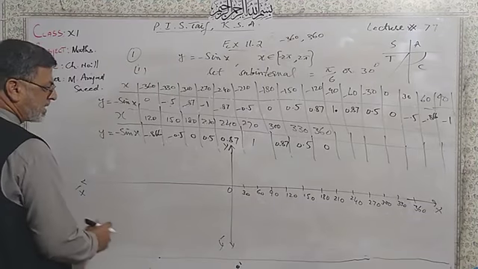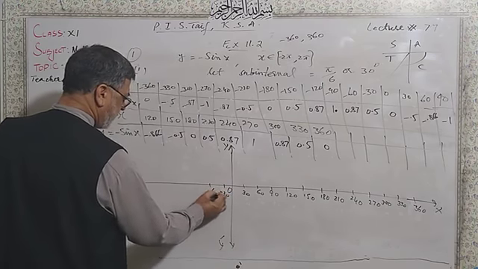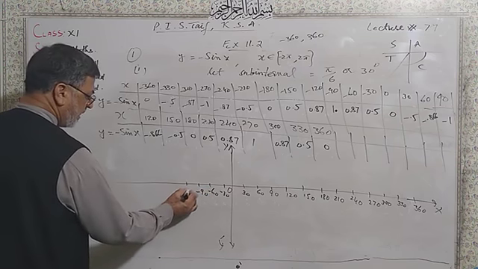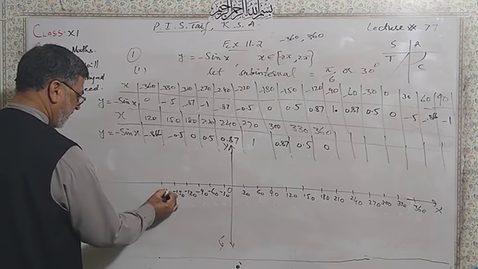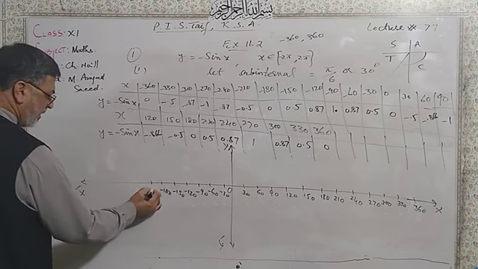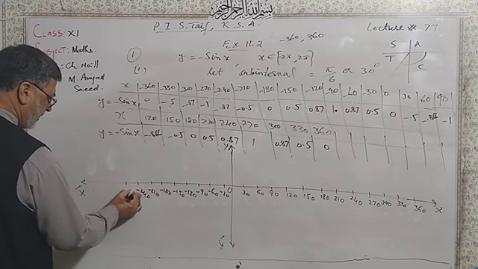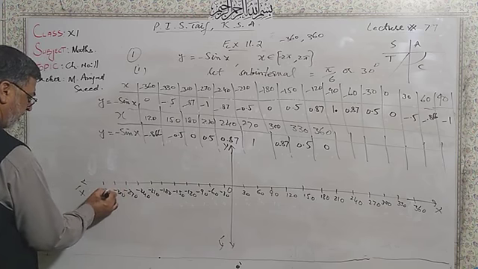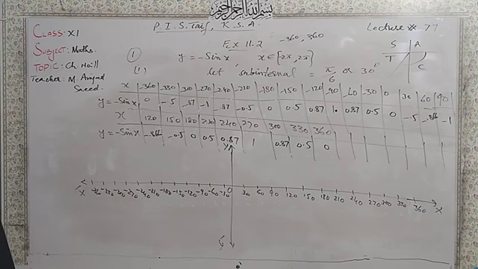And on the left hand side you will have minus 30, minus 60, minus 90, minus 120, minus 150, minus 180, minus 210, minus 240, minus 270, minus 300, minus 330, and minus 360.